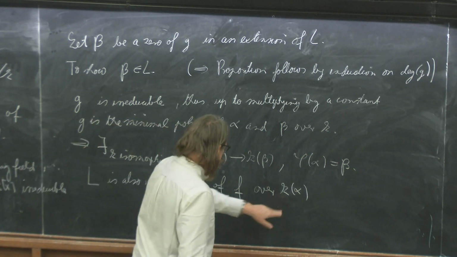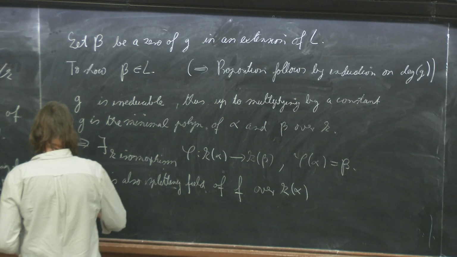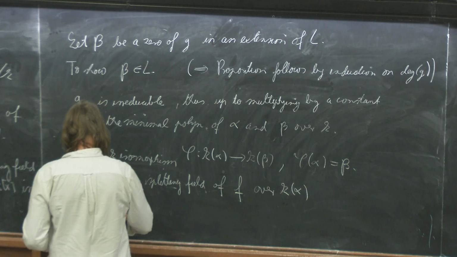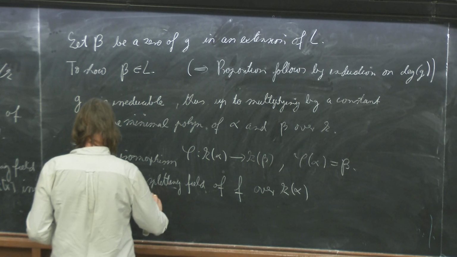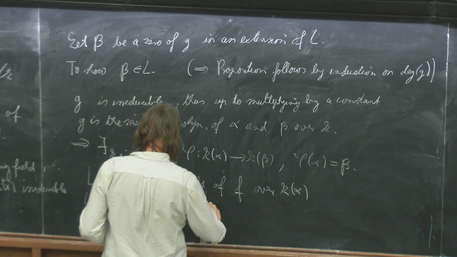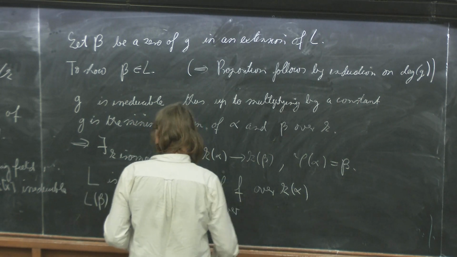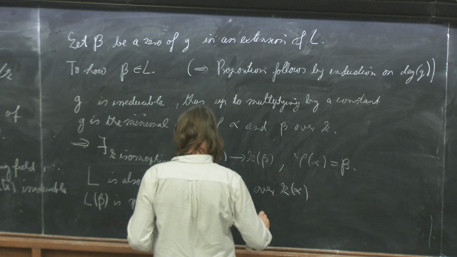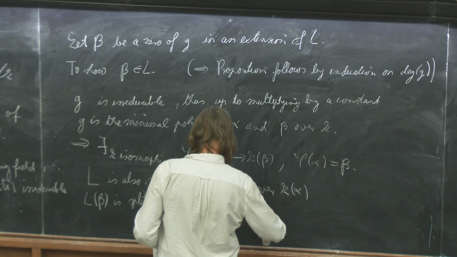And this is an intermediate field. And in the same way, L(beta) is also the splitting field of f over K(beta).